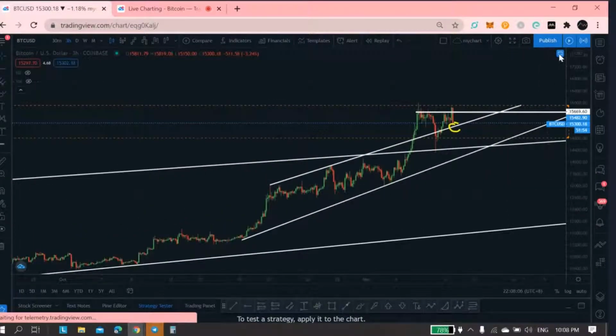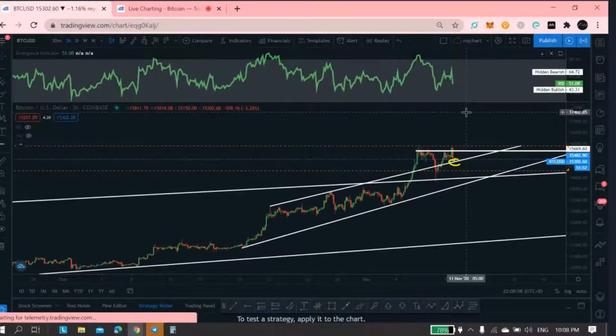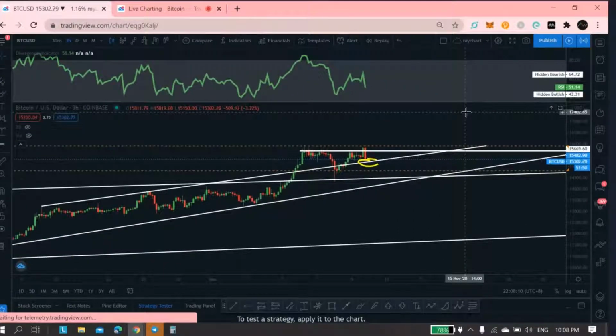So anyway, let's look at the other indicators. Currently it's, oh, I did not see it. It's around 66 area.